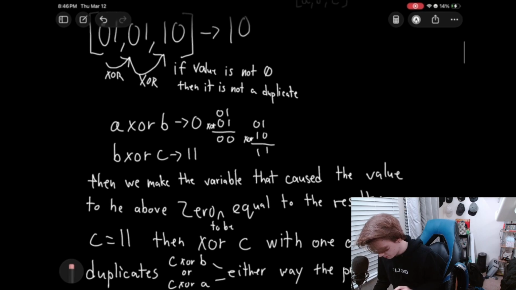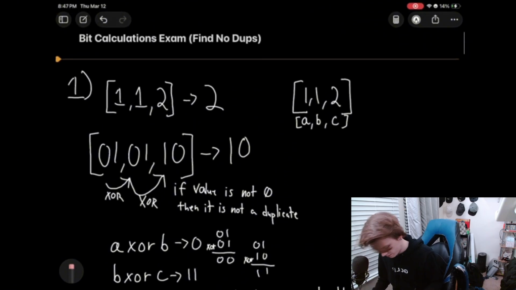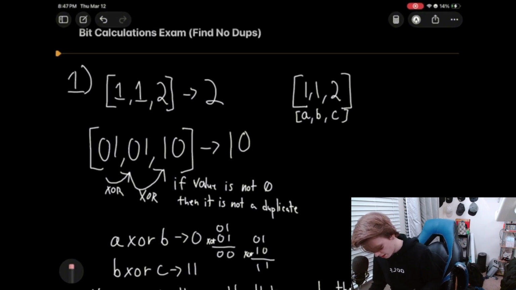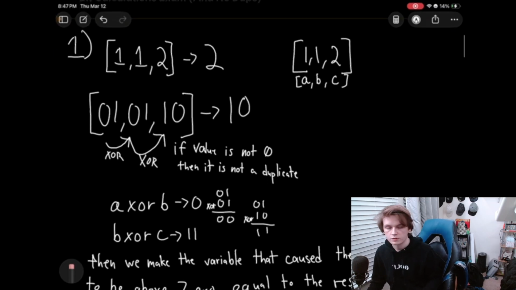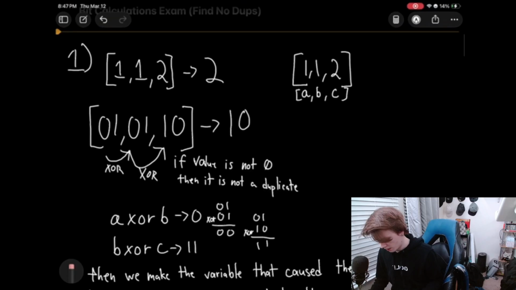And so I would do A XOR B, which gave me 0, which, by the way, sorry for explaining, but I made the first number, the second number, and third number A, B, C. And as we go down these problems, I do use that method consistently, because that's sort of what helped me get through this.